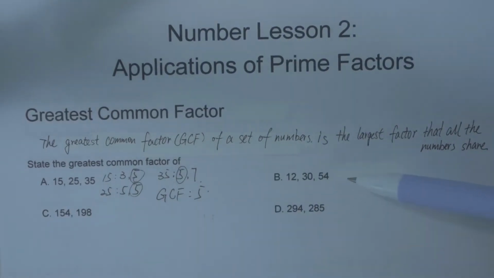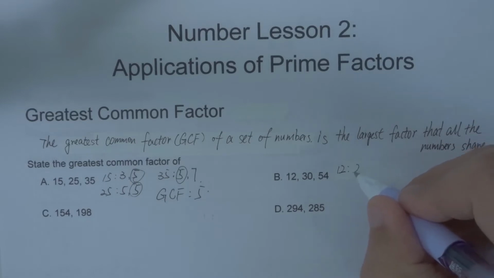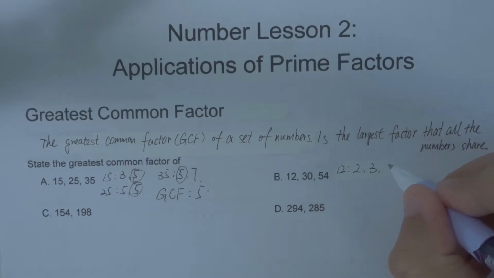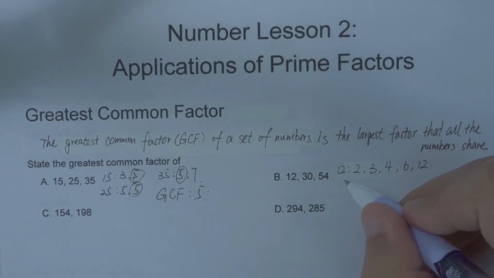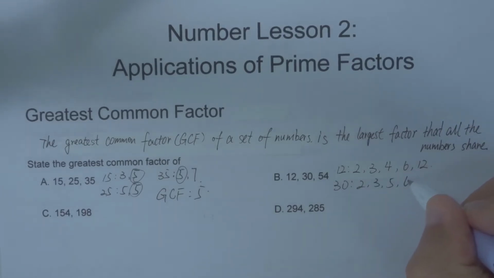Let's look at B: 12, 30, and 54. Let's find out the factors for each number. 12 is 2, 3, 4, 6, 12. 30 is 2, 3, 5, 6, 10, 15, and 30.